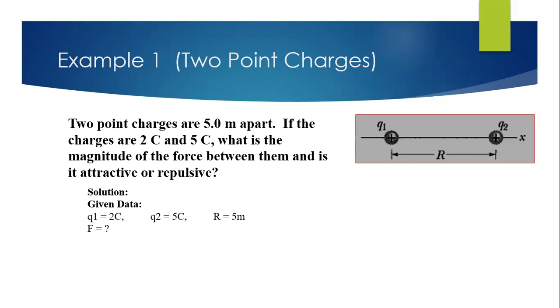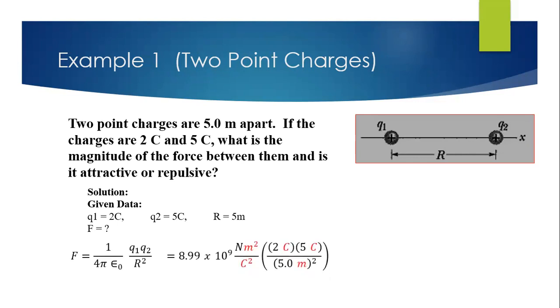To do this, we will use the mathematical expression of Coulomb's law, which states that this force is equal to 1 over 4 pi epsilon naught Q1 Q2 over r square. Now we have defined Q1, that is 2 Coulomb, Q2 which is 5 Coulomb, and this radial distance is 5 meter. So we put all these values including the value of 1 over 4 pi epsilon naught, which is merely 8.99 times 10 power 9 Newton meter square per Coulomb square.